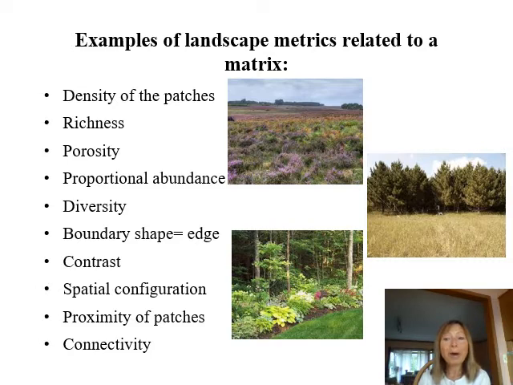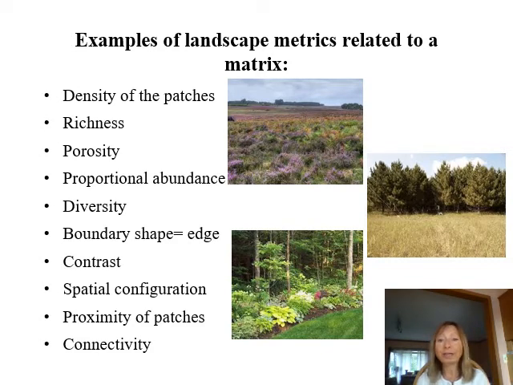So you can think about it as porosity of our landscape, porosity of our matrix. Proportional abundance, what is the ratio of different types of landscape elements within the landscape. Diversity.